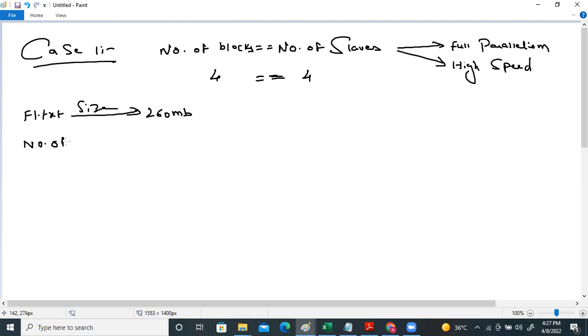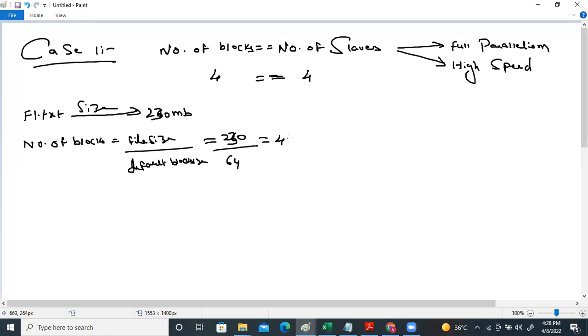Number of blocks is file size divided by the default block size, assume 64, so 4 blocks.